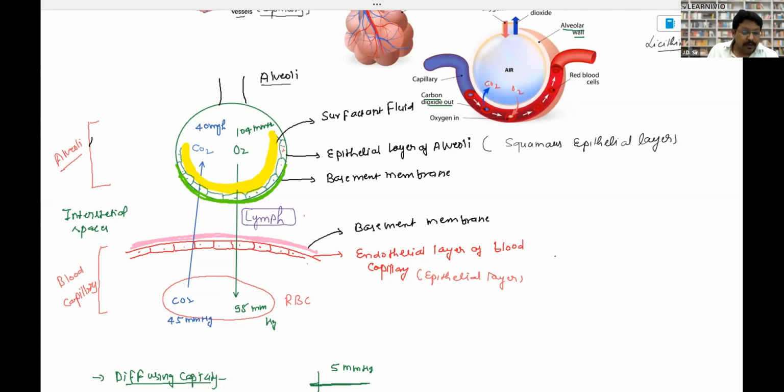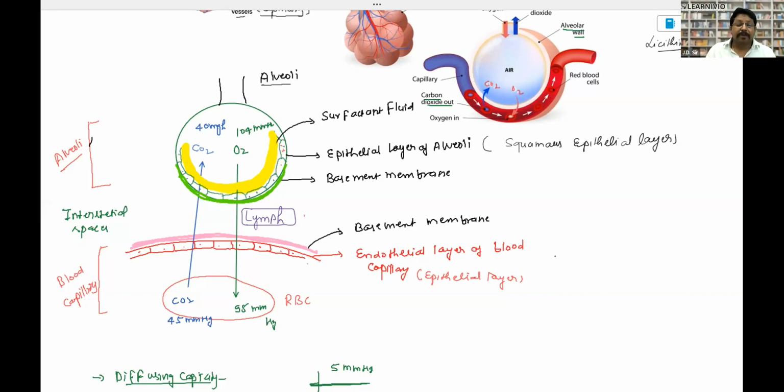Now, why is oxygen transported from the alveoli to the blood capillary, or to the RBC, and why is carbon dioxide diffused out from the RBC to the alveoli? Why does it happen? Actually, the partial pressure of oxygen. I repeat it again because this question has been asked multiple times in the NEET examination.